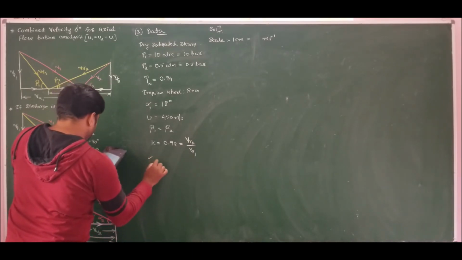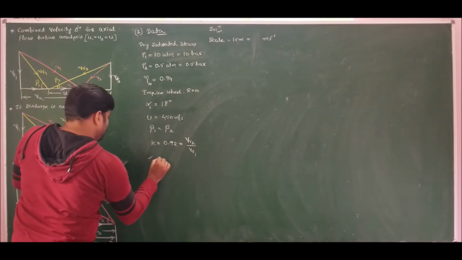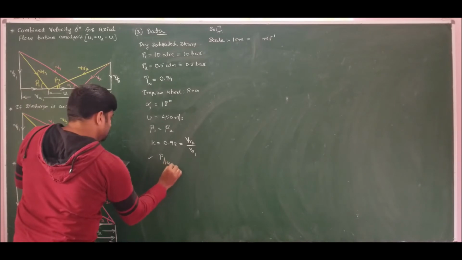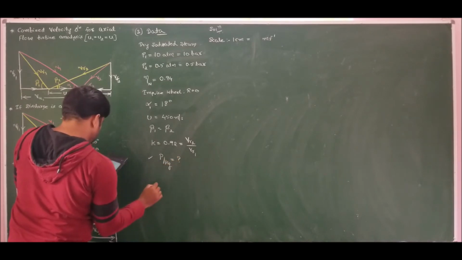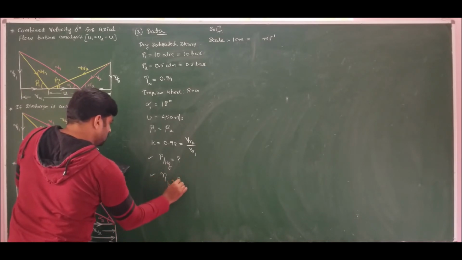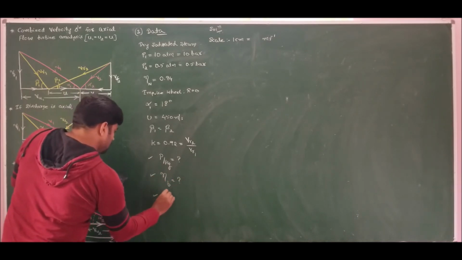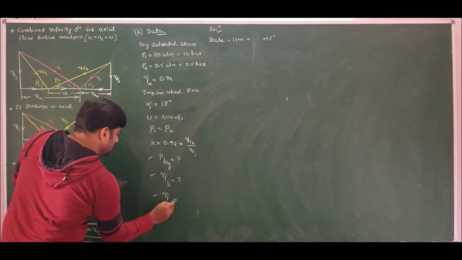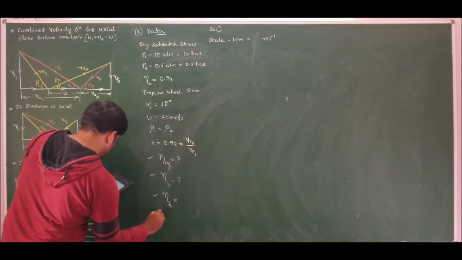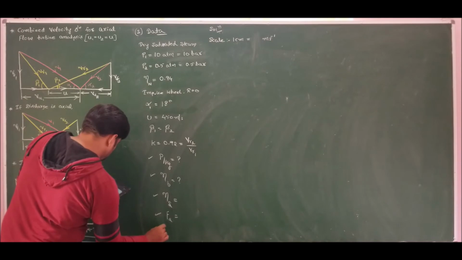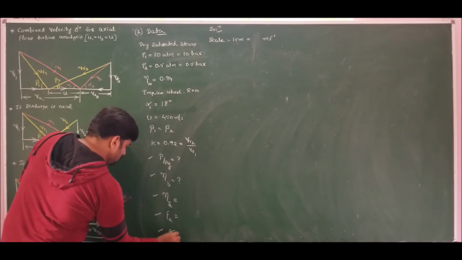Find first the specific work output, that is power per kg of steam; rotor efficiency, the efficiency of the blade; stage efficiency, the efficiency of the stage, that is the product of blade efficiency and nozzle efficiency; axial thrust FA; and direction of steam, that is alpha 2.